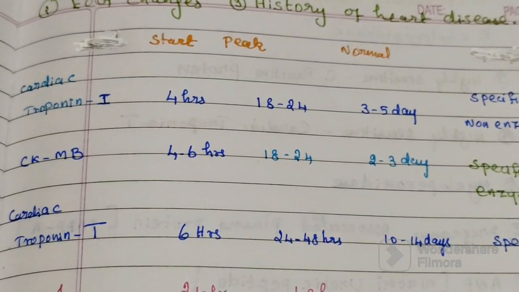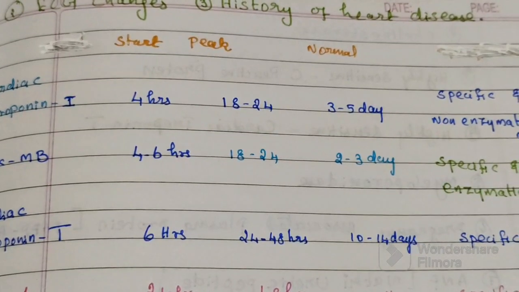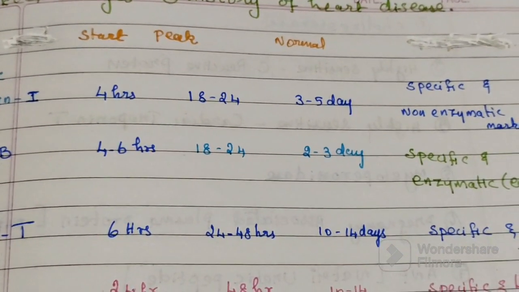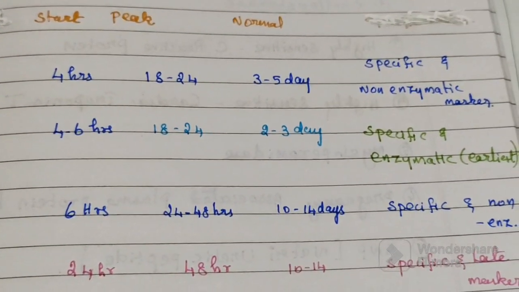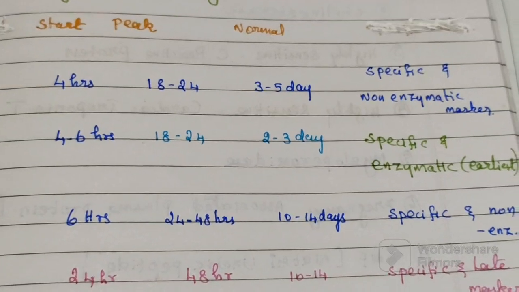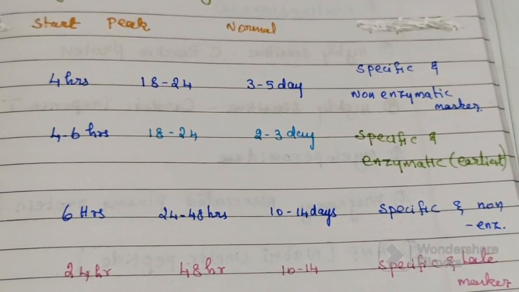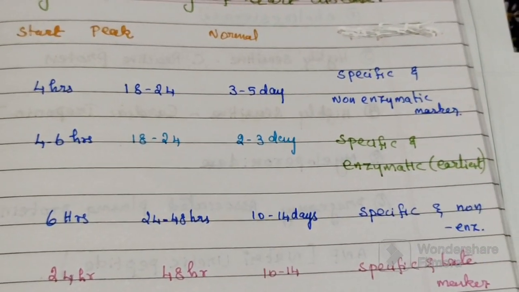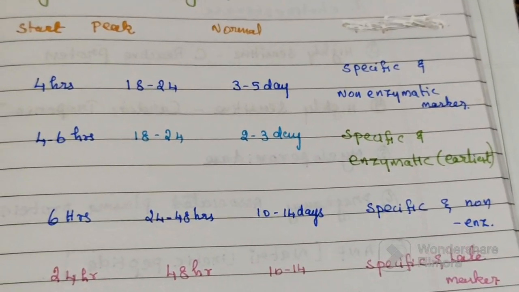Second one is CK-MB. It starts rising 4 to 6 hours after myocardial injury, peaks at 18 to 24 hours, and returns to normal in 2 to 3 days. This one is specific but less so compared to troponin. It is an enzymatic marker, the earliest enzymatic marker.